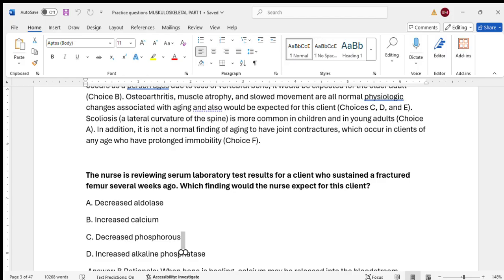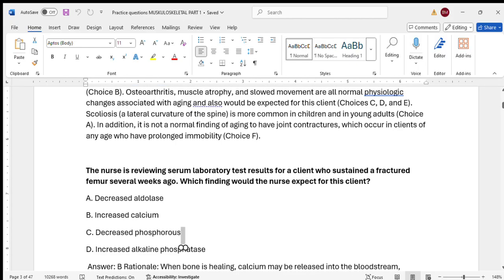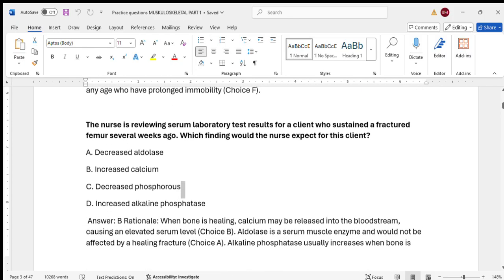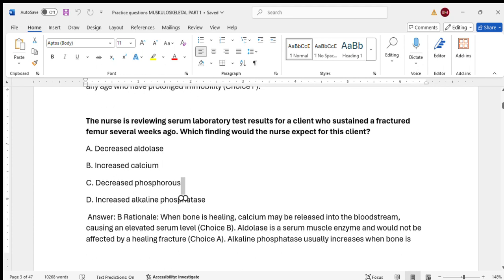Decrease aldolase, increase calcium, decrease phosphorus, increase alkaline phosphatase. Okay, so this is a patient who had a fracture in the femur several weeks ago. So there's going to be a release of calcium into the serum. That's why the answer is B, increased calcium. When bone is healing, calcium may be released into the bloodstream, causing an elevated serum level.